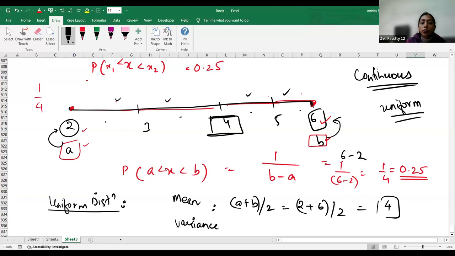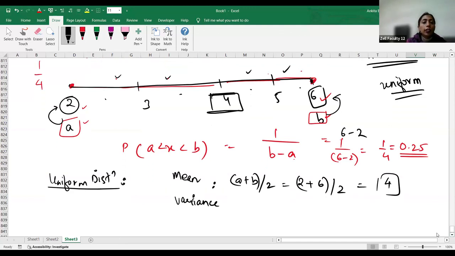What is the variance of this distribution? For the variance, you do B minus A whole square divided by 12. This is the formula. So what is B here? 6. What is A here? 2. So 6 minus 2 whole square divided by 12.